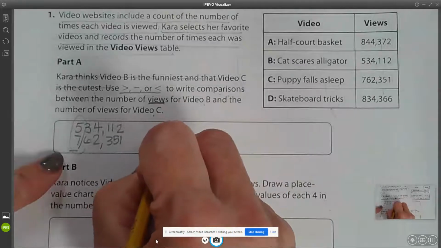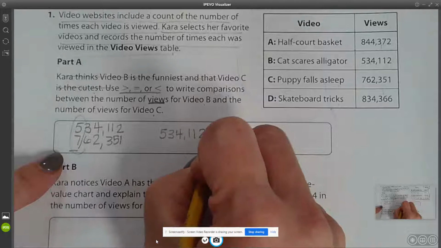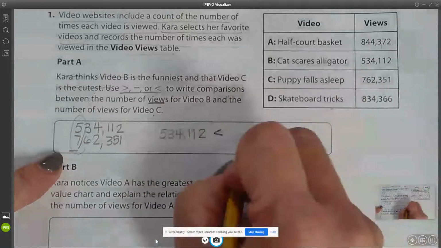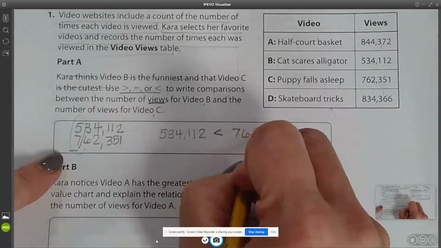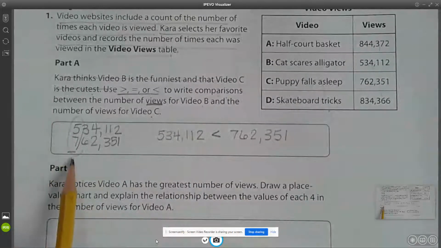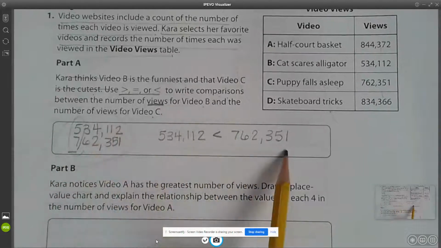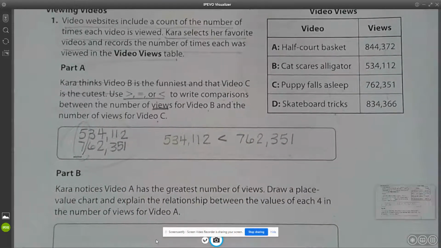So I would say 534,112 is less than 762,351. So I would expect to see where you stacked them and then also where you wrote your comparison out. Okay, hopefully that wasn't too hard.